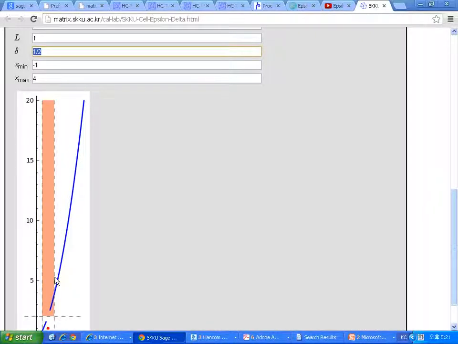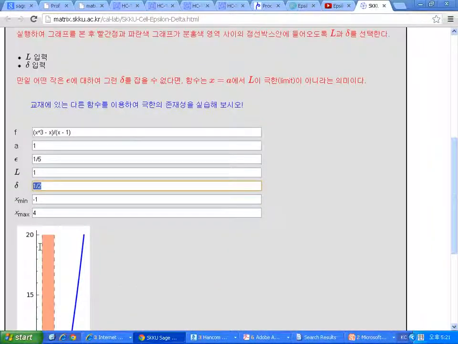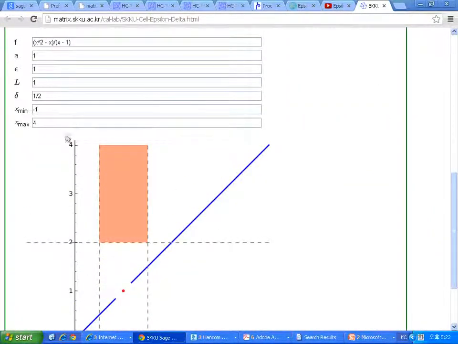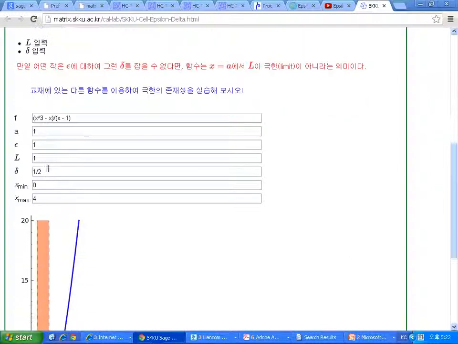As you see here, let's evaluate it once again to make a different function here, and change the epsilon value to a very small one.